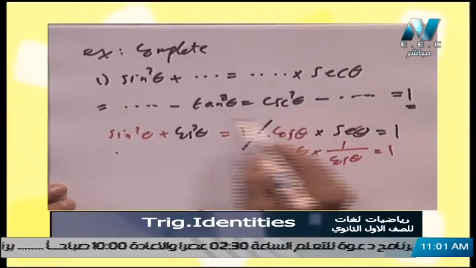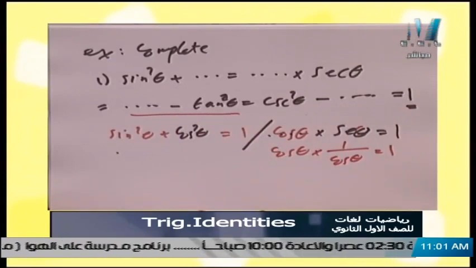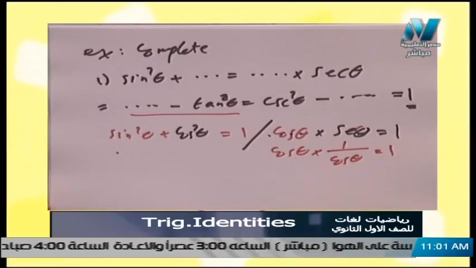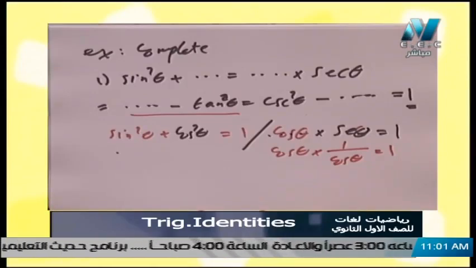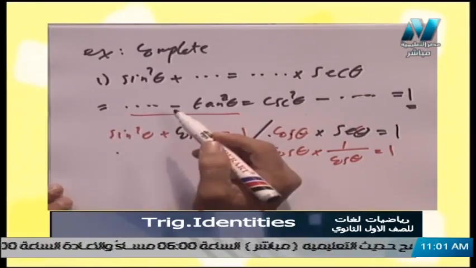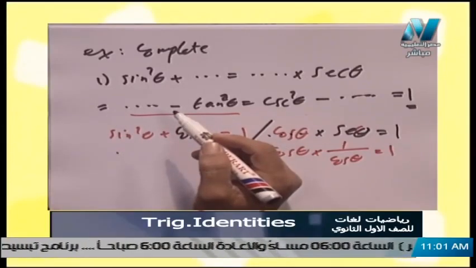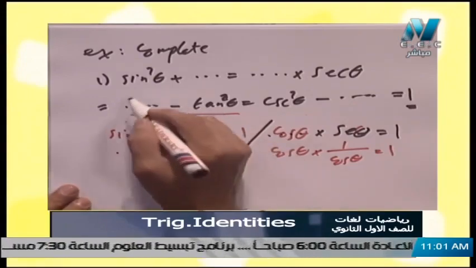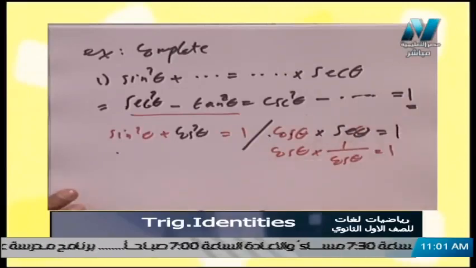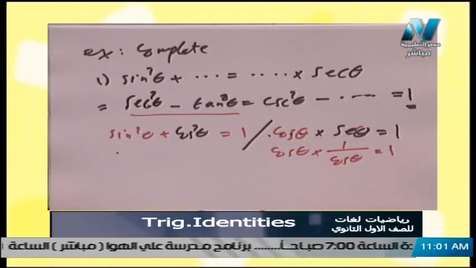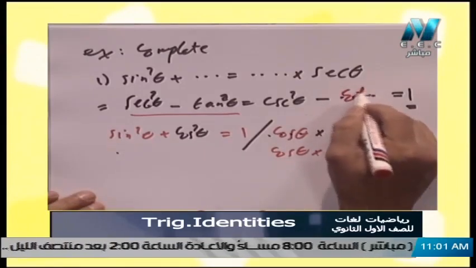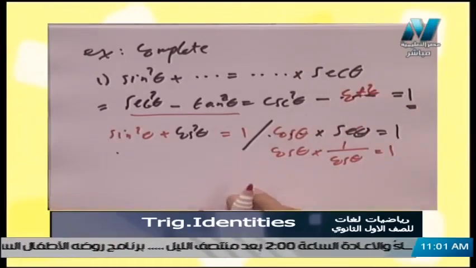Okay, let's move to this one. Something here minus tan power 2 theta equals 1. We know that here, if we write sec theta power 2, yes, it's sec power 2 theta minus tan power 2 theta equals 1. And also cosec power 2 theta minus cotan power 2 theta equals also 1.